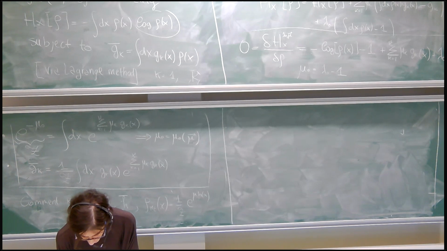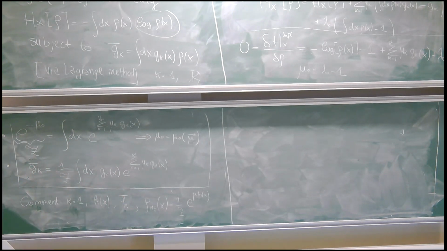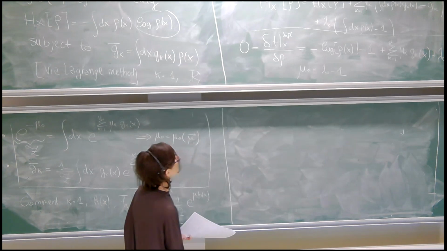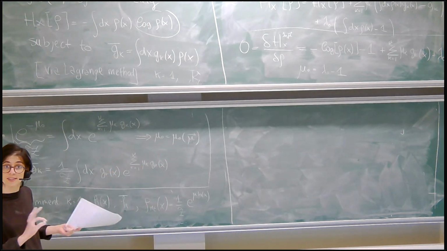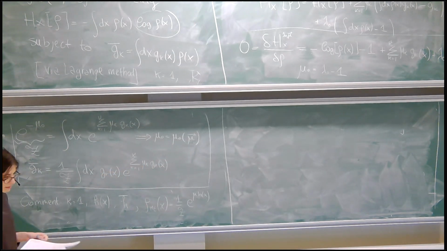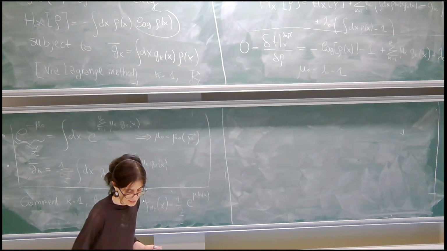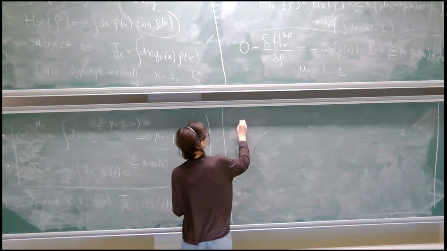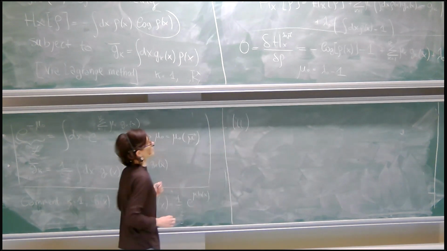Okay, and now I just wanted to conclude with the last part. I hope this is clear. The last part is to connect a little bit between maximum entropy and maximum likelihood. And this is point 2 of this exercise.